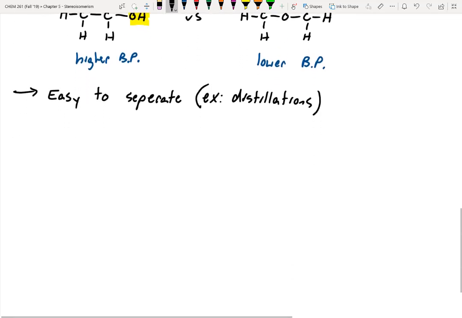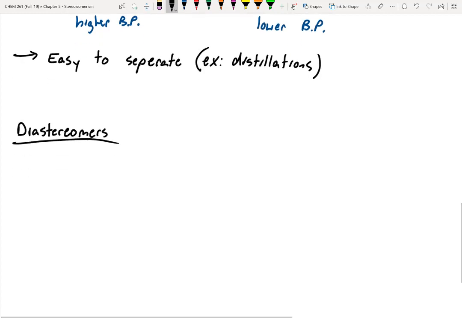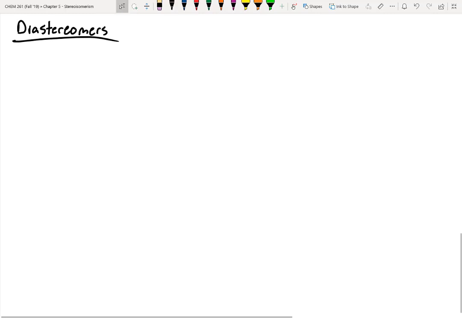All right, now let's jump to diastereomers. What were diastereomers again? How would we define them? Same connectivity. Are they mirror images? Okay, so let's mark that down. So same connectivity.